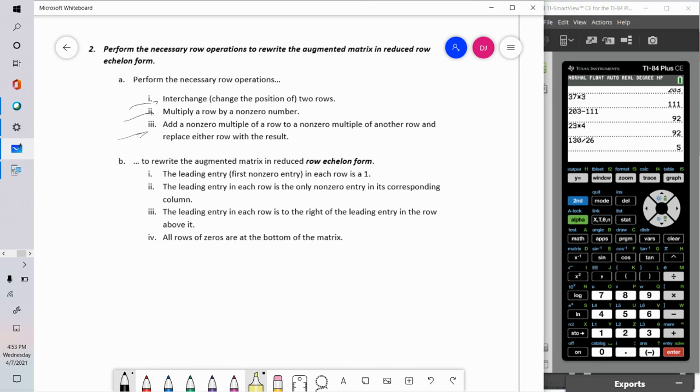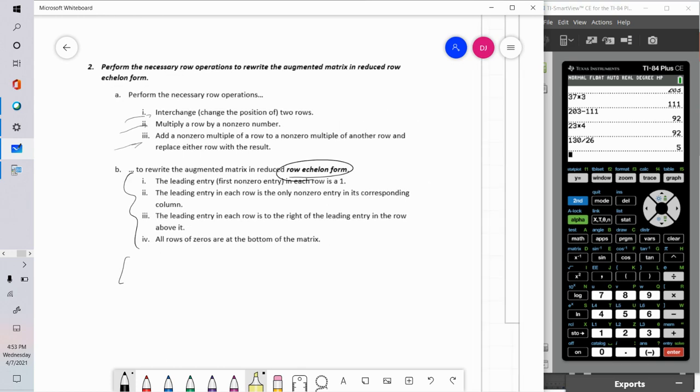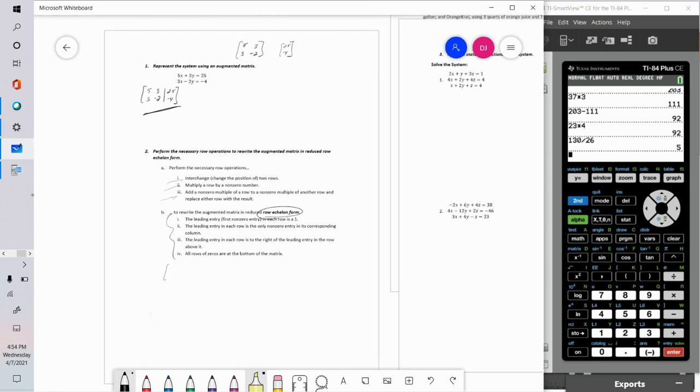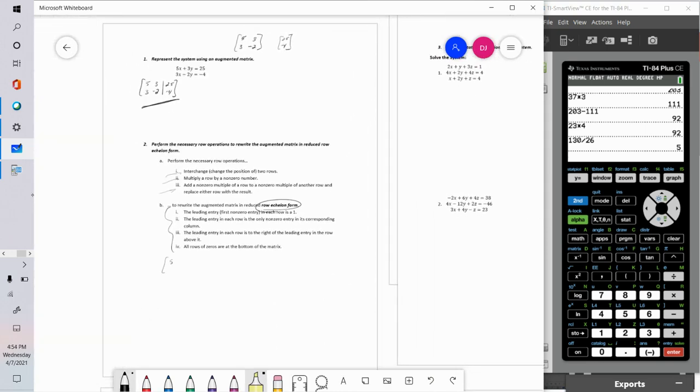What does it mean to write that matrix in reduced row echelon form? Basically, we're going to start with the matrix 5, 3, 25, 3, -2, -4.